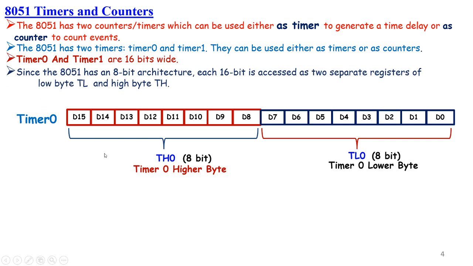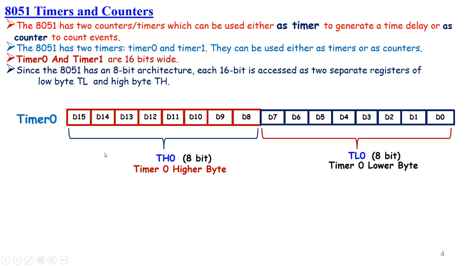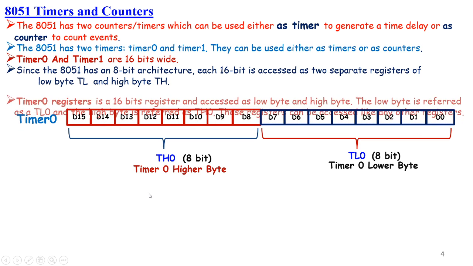Since the 8051 has an 8-bit architecture, that is, the internal architecture of the 8051 is 8-bit, each 16-bit register is accessed by two separate registers, the lower byte TL and the higher byte TH. So this is separated into lower byte and higher byte.